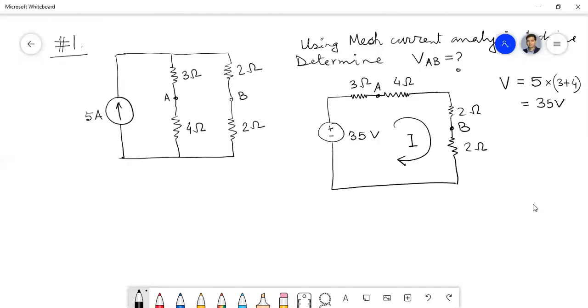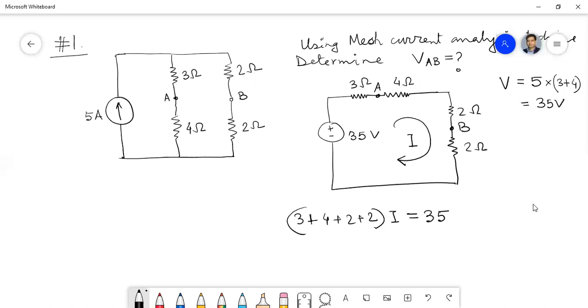According to the loop currents, we have to take the self resistances, that is 3 plus 4 plus 2 plus 2, into I equals the voltage value present in that loop, that is 35.